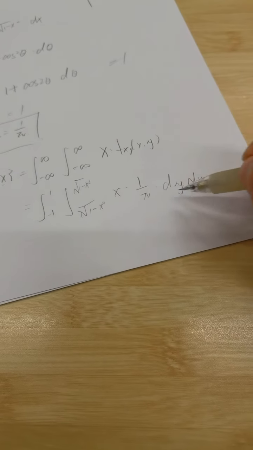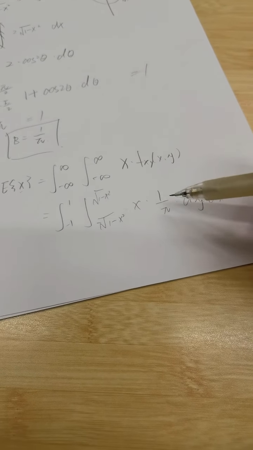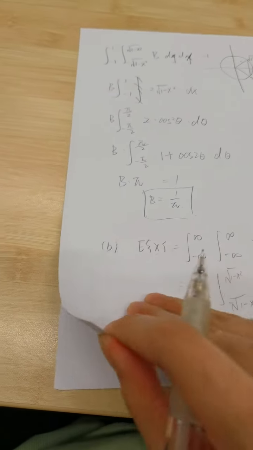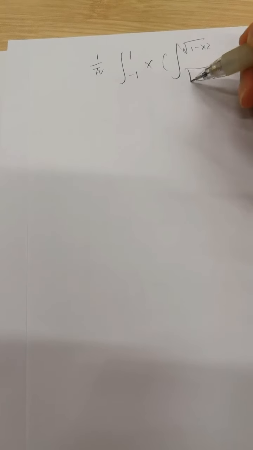Because we integrate dy first, we can take x out here, and this number we can take out also. So we get 1 over pi, integral from negative 1 to 1 of x times the integral from negative square root of 1 minus x squared to square root of 1 minus x squared of 1 dy, times dx.